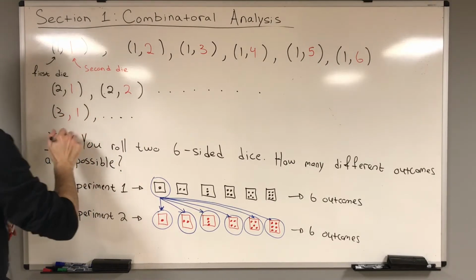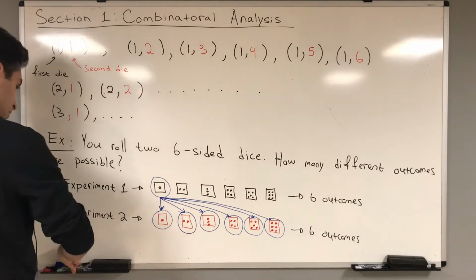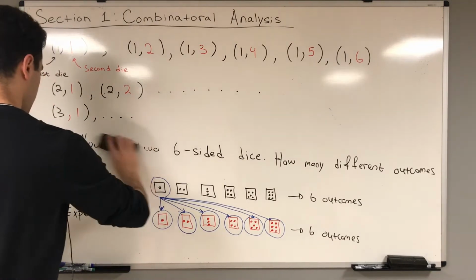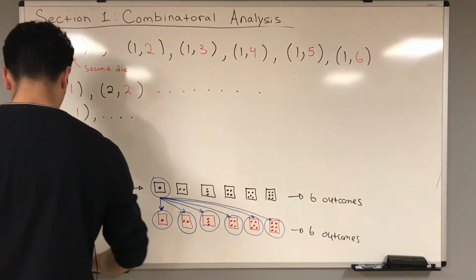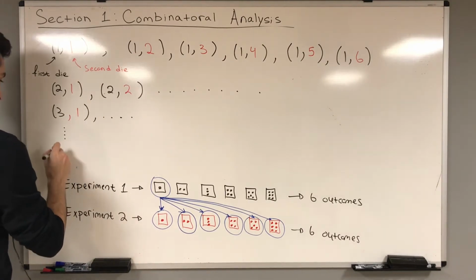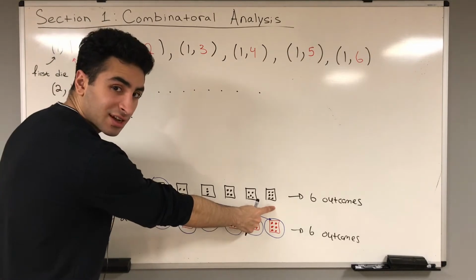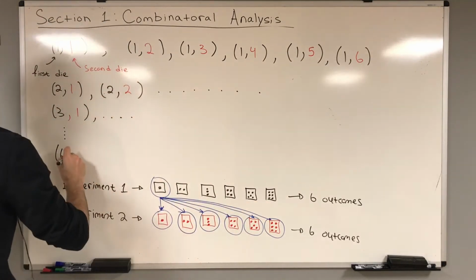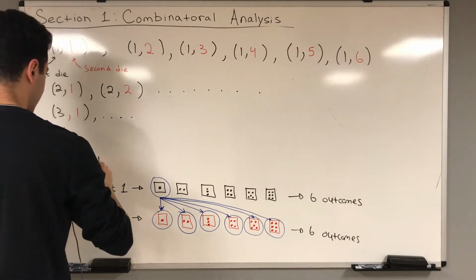And you continue until, so let me just erase this, you continue until you reach the 6 on your first die, and then you get the corresponding values for your second die.